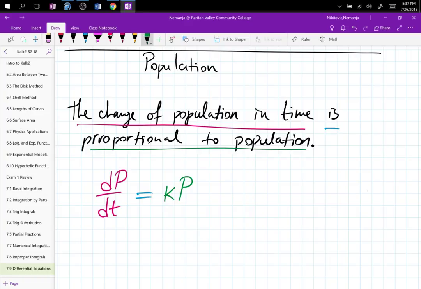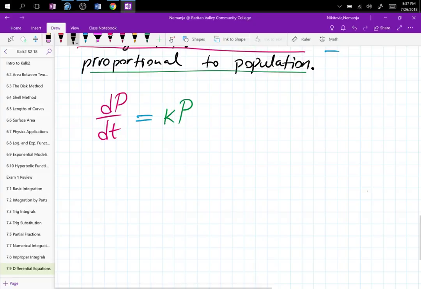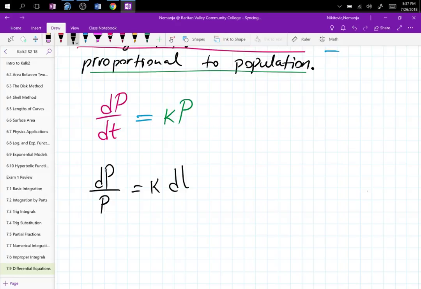So, to solve this differential equation, you will first do separation of variables. So you will put all p's on the left and all t's on the right. And it's easy to achieve here. So dp divided by p is equal to k dt.